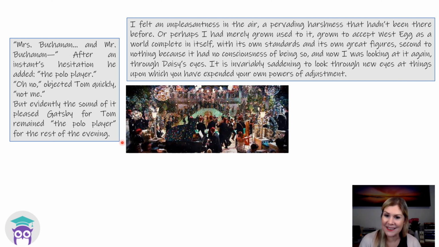Now he does that for one reason and one reason alone. It makes Tom sound like new money. It makes it sound like he is known for sporting accomplishments and nothing more, that the name Buchanan isn't enough, that people wouldn't know who he is. So this is about undermining Tom's sense of class and status. It is a power play.